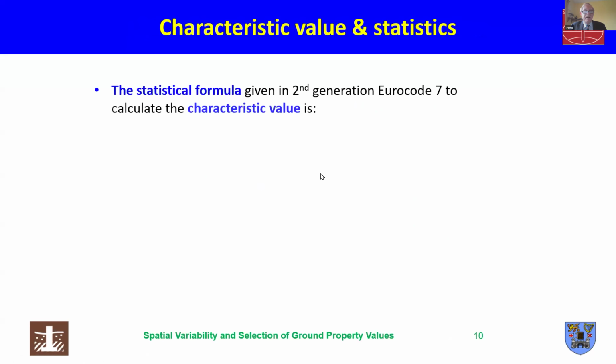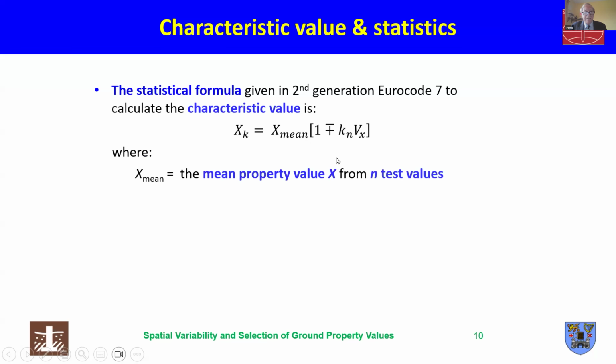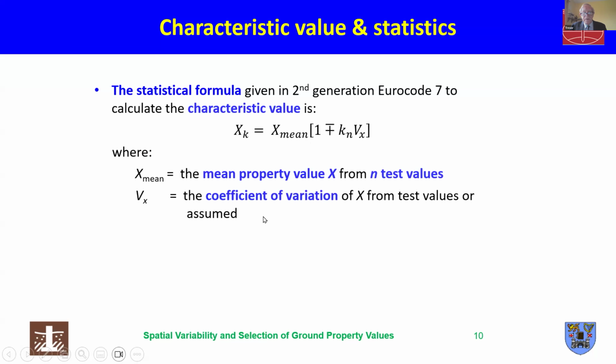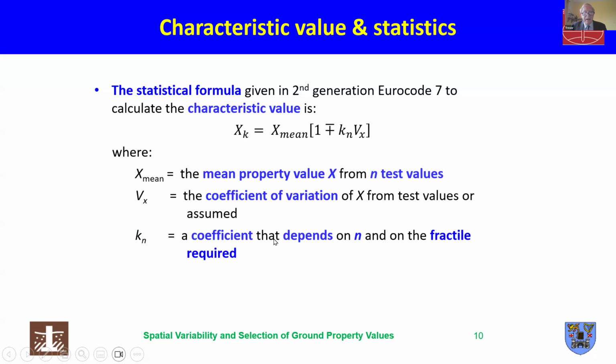So if we look at the characteristic value and statistics, the equation given to calculate the characteristic value in Eurocode 7 is that xk, the characteristic value, is the mean value multiplied by 1 minus or plus kn Vx, and kn was mentioned by Alejo in the previous lecture, where x mean is the mean property value x from n test values, Vx is the coefficient of variation, and kn is the coefficient that depends on n and on the fractile required.